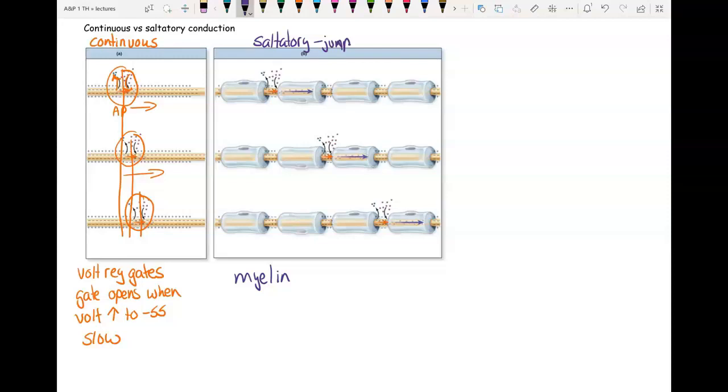So in this case, the action potential jumps along the axon. You have cells that wrap around the axon. They can be called Schwann cells or neurolemmocytes. So these are cells that wrap around the axon.